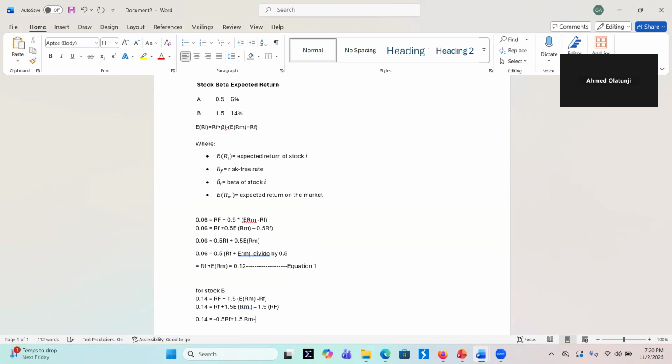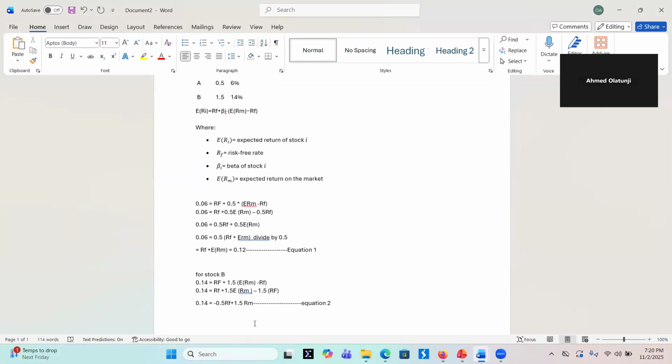So we make this one equation 2. Now we can solve the equations. From equation 1, we have RF plus ERM, call it equation 1, equals 0.12.